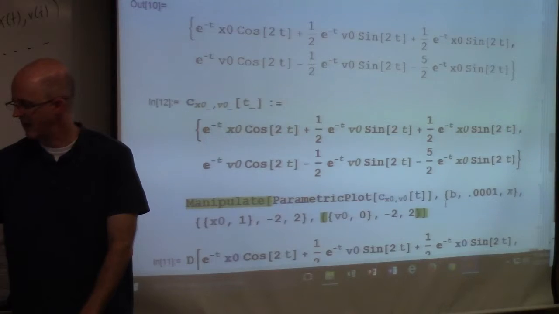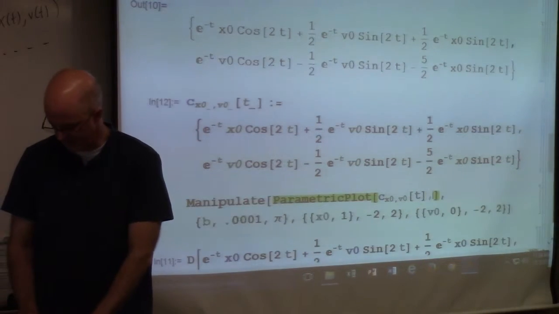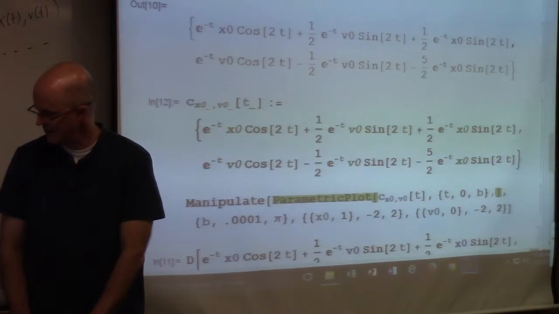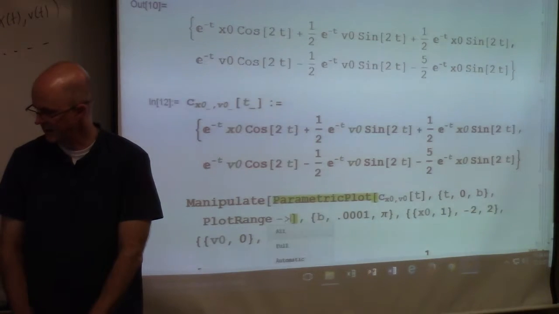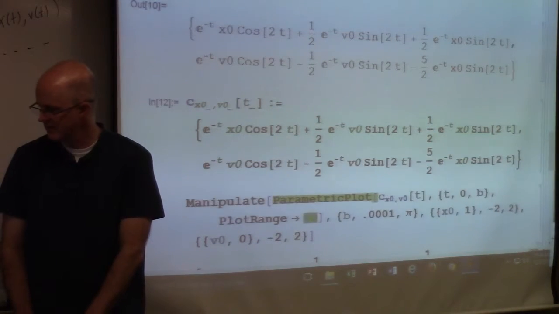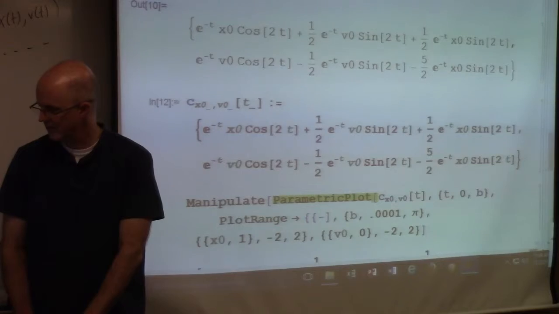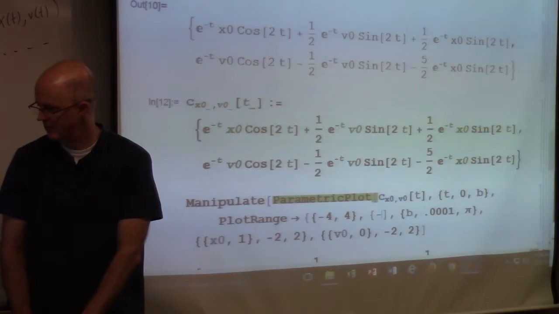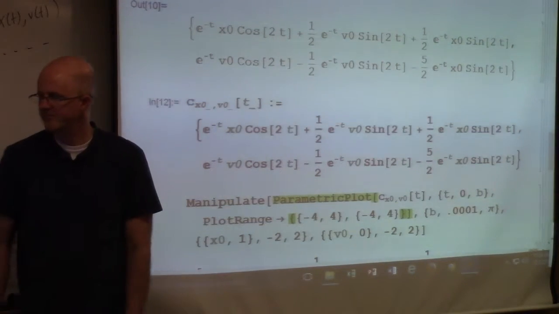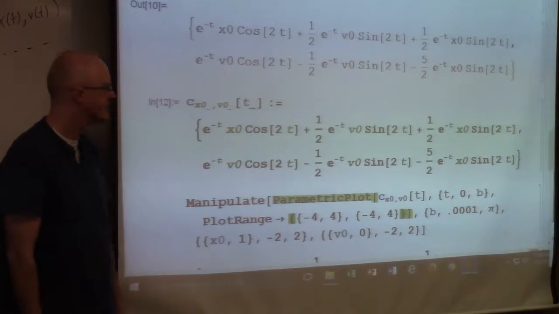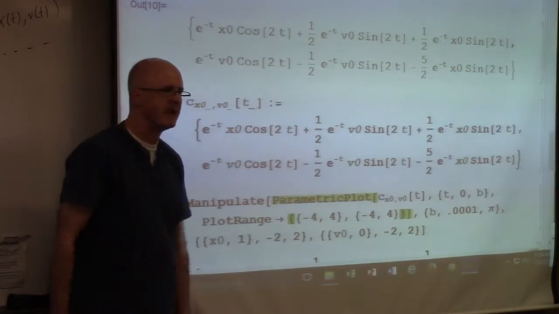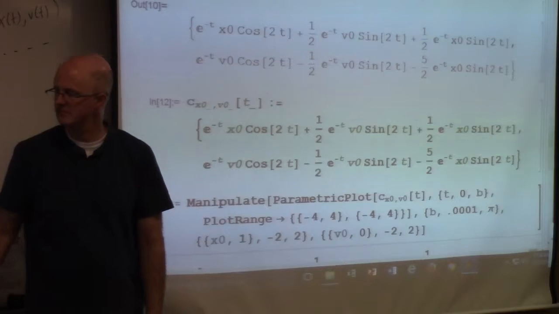Let's also keep the plot range fixed. I need to give a t interval. t goes from 0 to b. Keep the plot range fixed inside ParametricPlot here. Maybe -4 to 4. Okay, this is going to give us a basic graph.